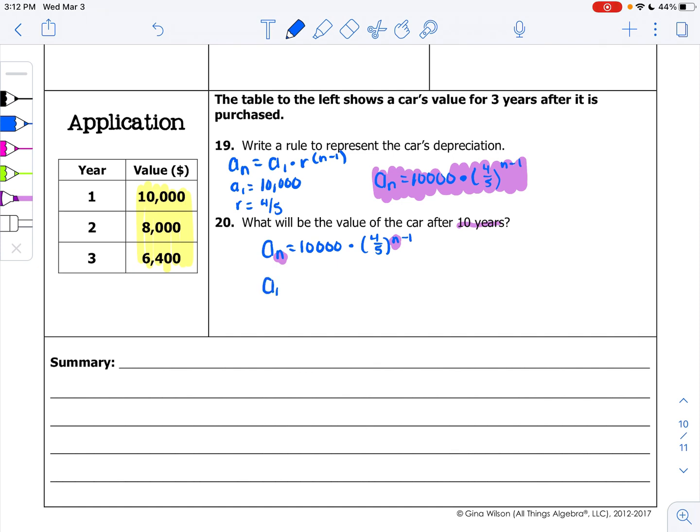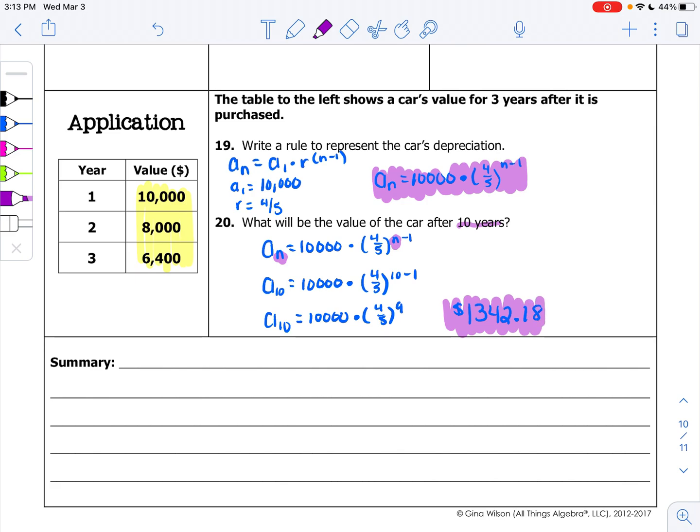So that would be A sub 10 equals 10,000 times 4/5 to the 10 minus 1, which would be 10,000 times 4/5 to the 9th. And from here, you can put it directly in your calculator. Now remember, we're talking about money, so you want to round to 2 decimal places. So that would be $1,342.18. That would be the value of your car after 10 years.